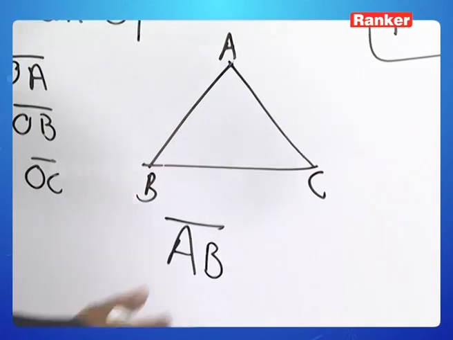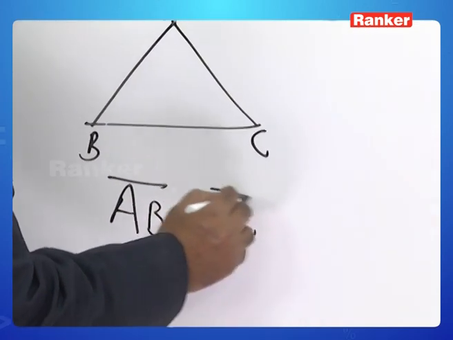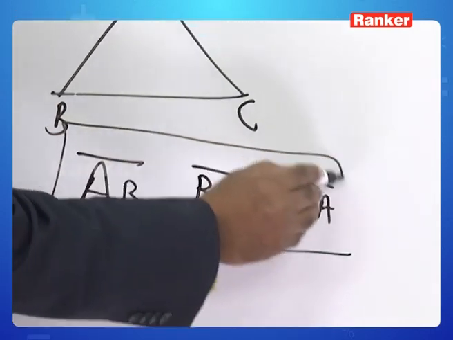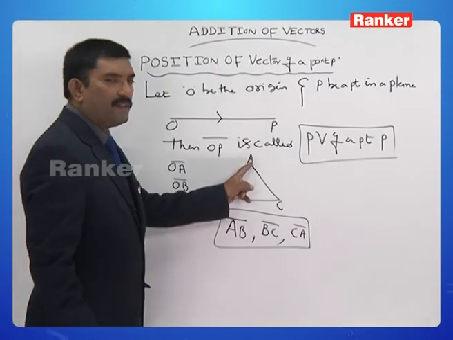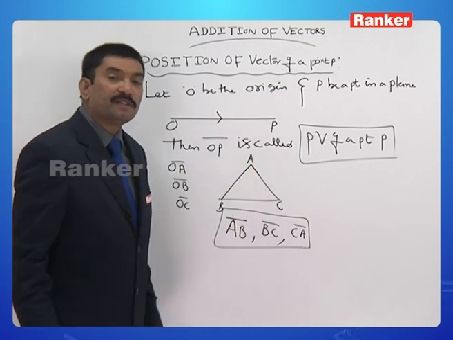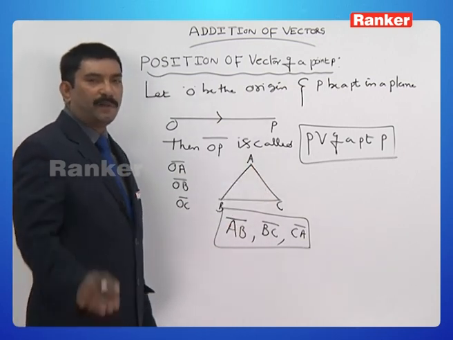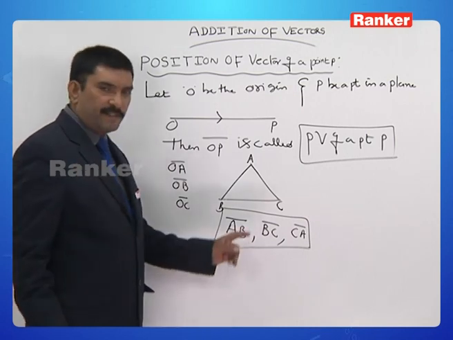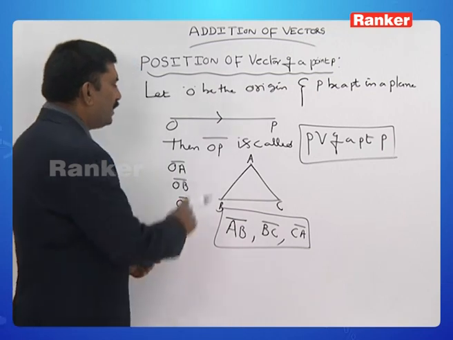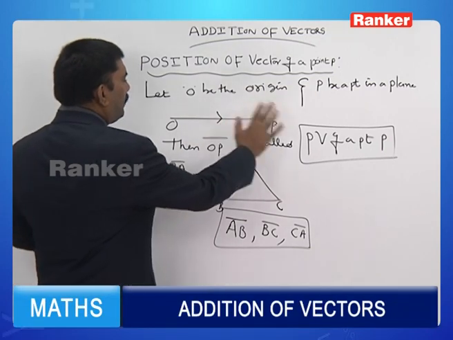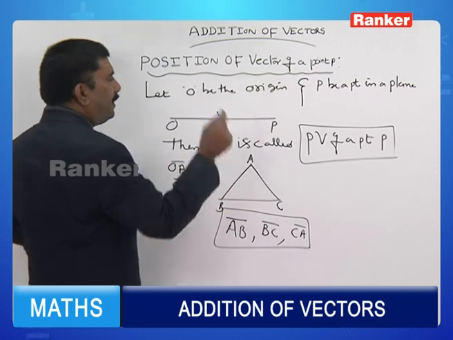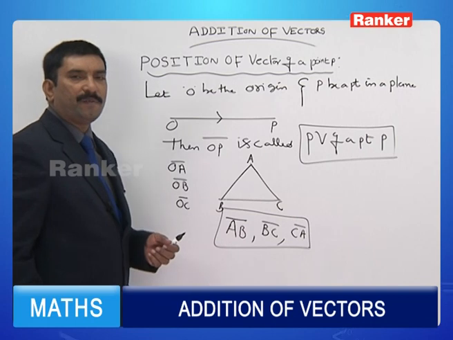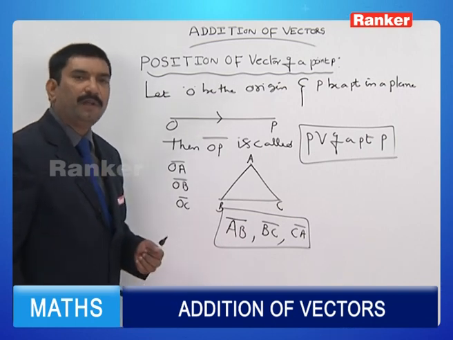BC bar is also a side. CA bar also. Sides are represented with vectors and points, and vertices are represented with position vectors. So now you understood the difference between the position vector of a point and vectors. Let O be the origin, P be a point in a plane, then OP bar is called the position vector of a point P.